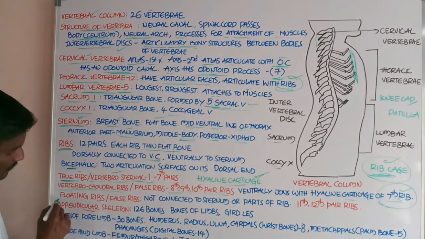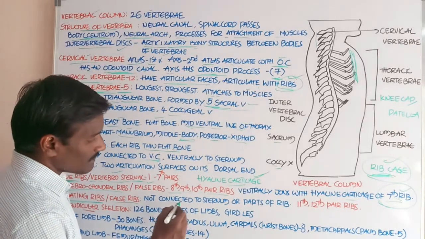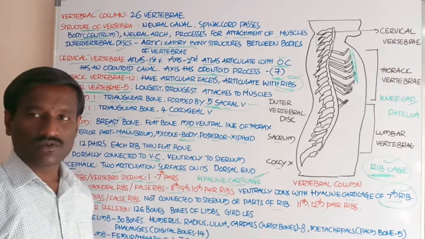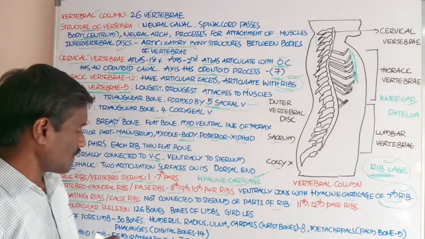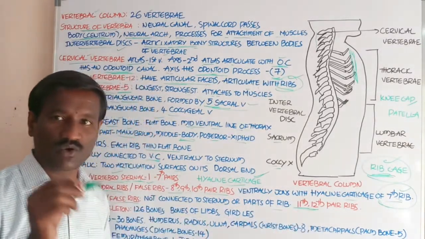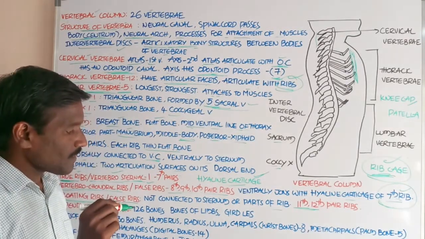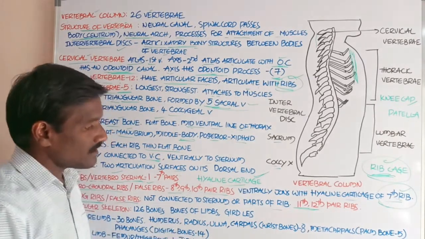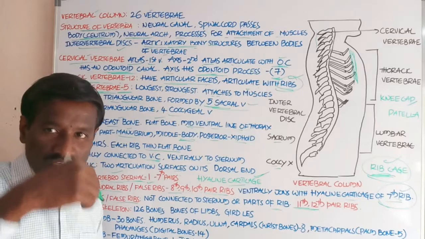Next, floating ribs are also called false ribs. These are not connected to the sternum or any part of the rib. They are dorsally attached to the vertebrae of the vertebral column. Okay, student, the 11th and 12th pair ribs are dorsally attached to the vertebrae, but they are not connected to the sternum or to the hyaline cartilage of any rib.